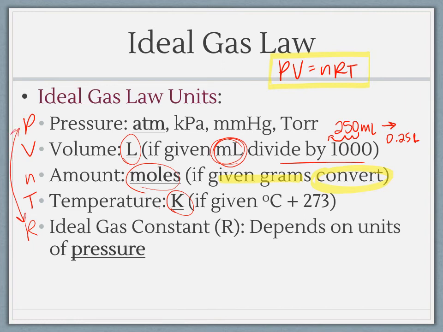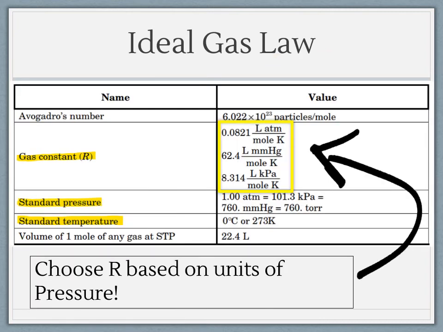But you will see on your equation sheet that you are given 3 different gas constants. And notice that the only thing that's different about them is the unit of pressure. So if you're working a problem and the pressure is in atmospheres, you're going to choose this R value. If the pressure is in millimeter mercury, you're going to choose this R value.